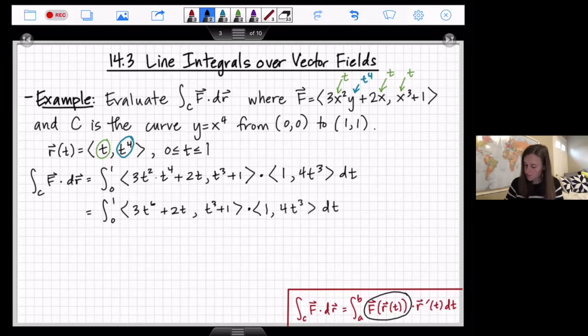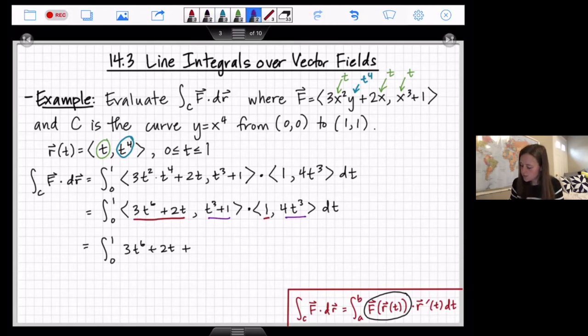Okay, so it's been a while since we've done a dot product. Let's remember how to do that. We're going to multiply x components, and we're going to add to that multiplying y components. All right, so I'm going to have the integral from 0 to 1. Let's see, so I need 3t to the 6th plus 2t times 1, just the red underlined parts. So that's 3t to the 6th plus 2t, multiplying by 1 is easy. And then as a dot product, so I'm going to add. So I got my y components, the purple underline, t cubed plus 1 times 4t cubed.